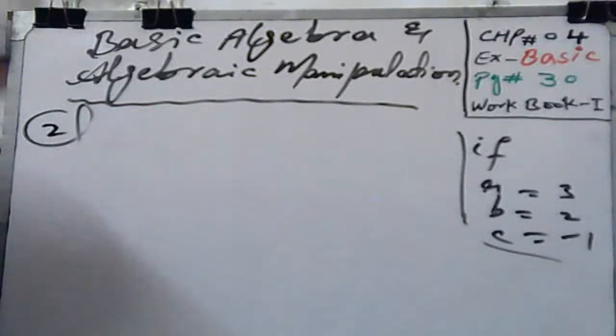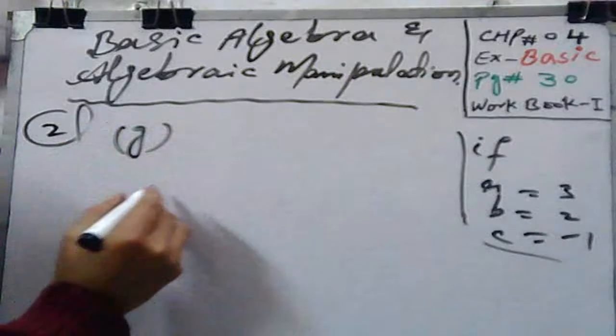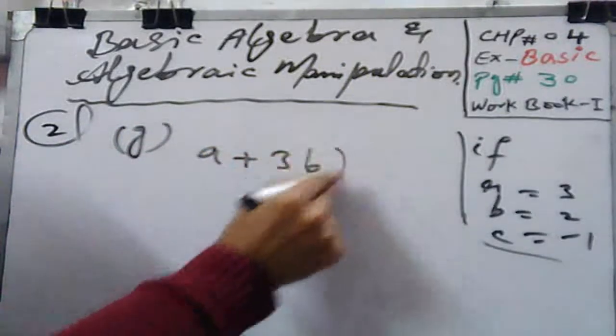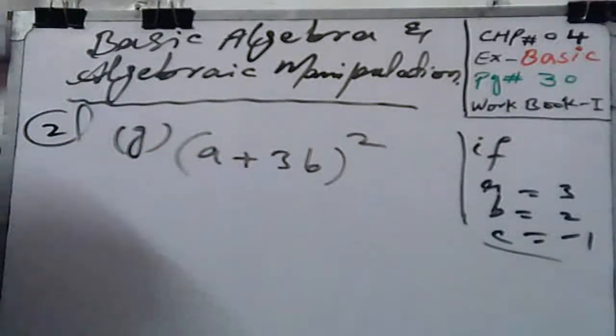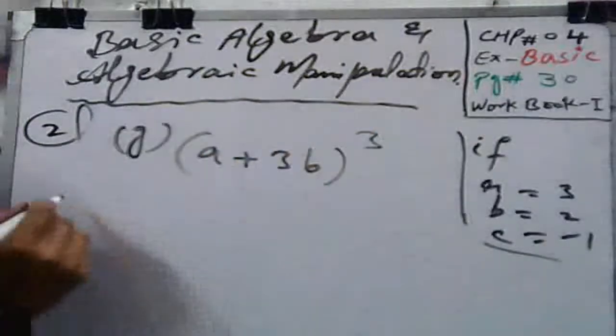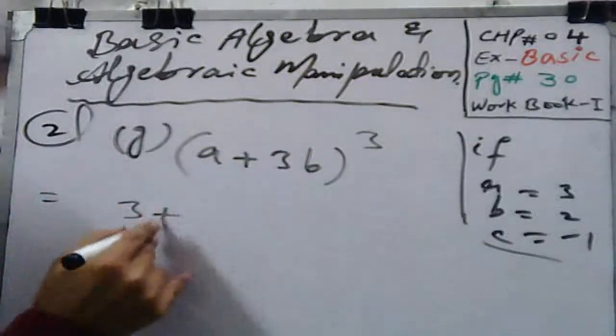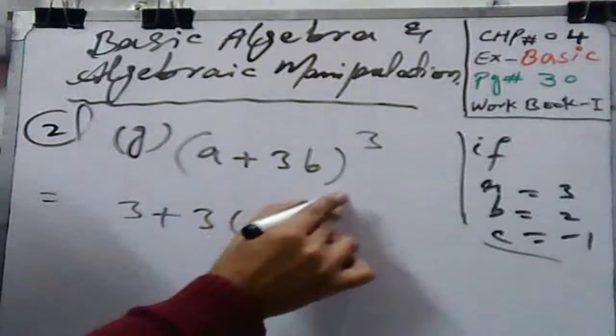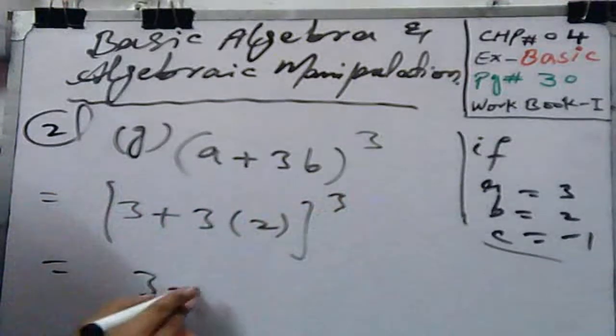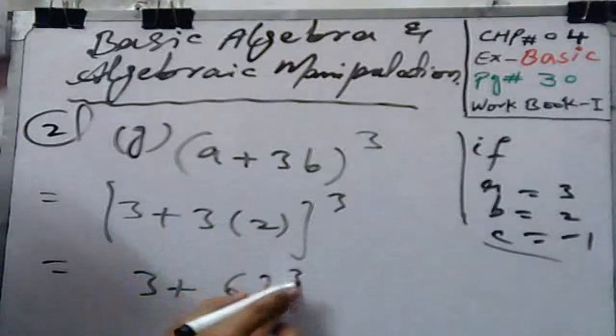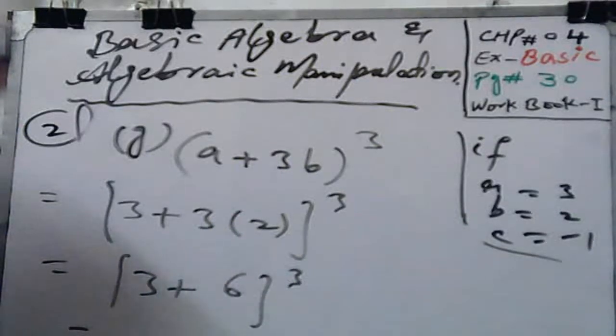Now putting the values, the value of a is 3 plus 3 into b, 3 2s are 6, having power 3. 9 into 9 into 9, you will get 729. 729 is your required result.